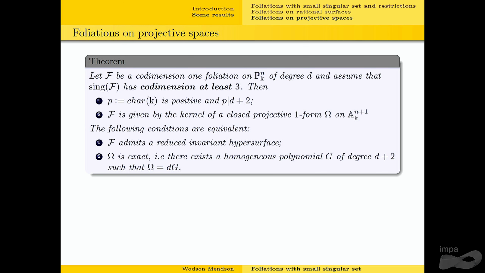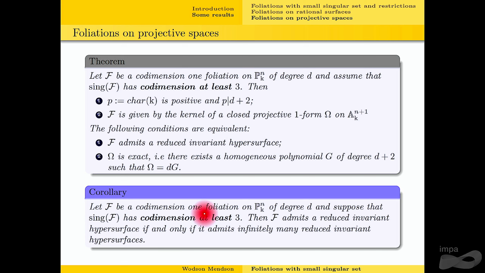So this is equivalent: just one invariant hypersurface ensures that this form is exact. As a corollary, this foliation admits just one invariant hypersurface if and only if it admits infinitely many.